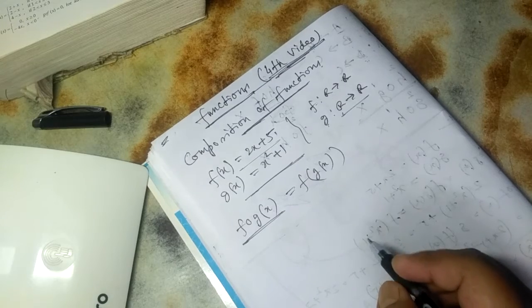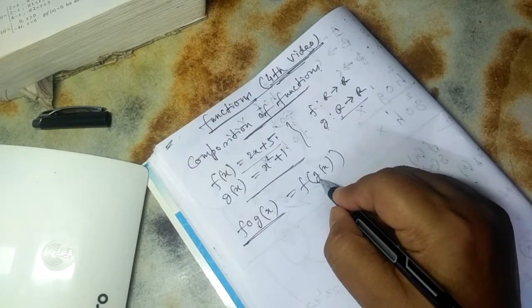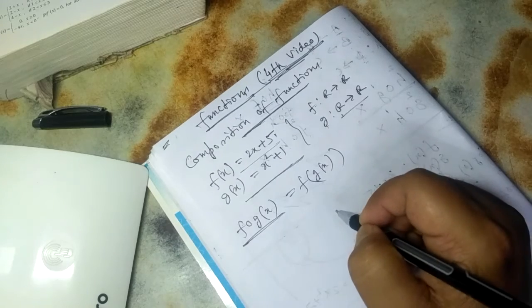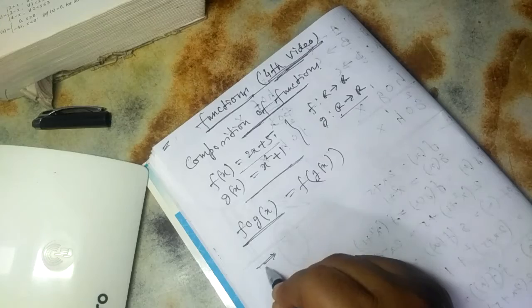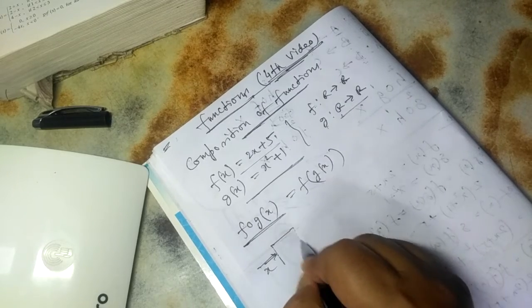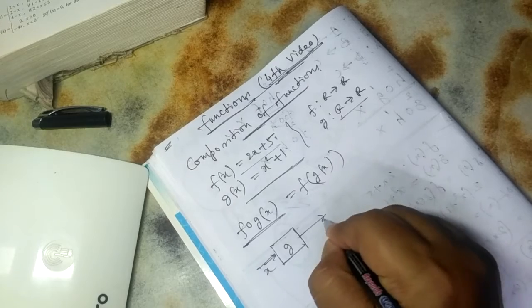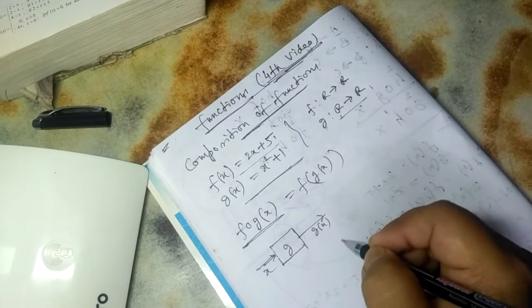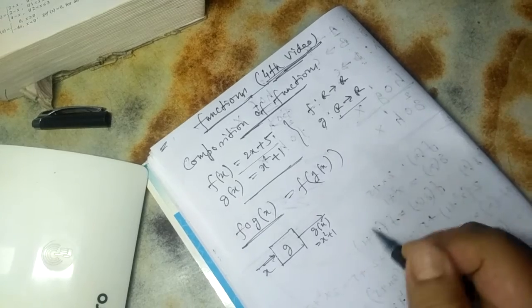f of g(x) means first of all the g function happens, and its output is taken as input by the f function. So x comes here to the g function, and it throws out g(x). g(x) means x square plus 1.